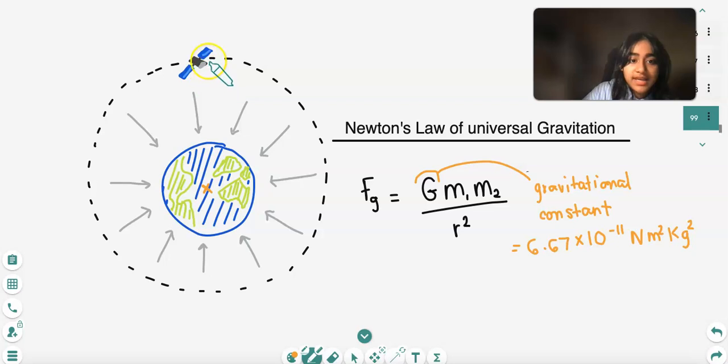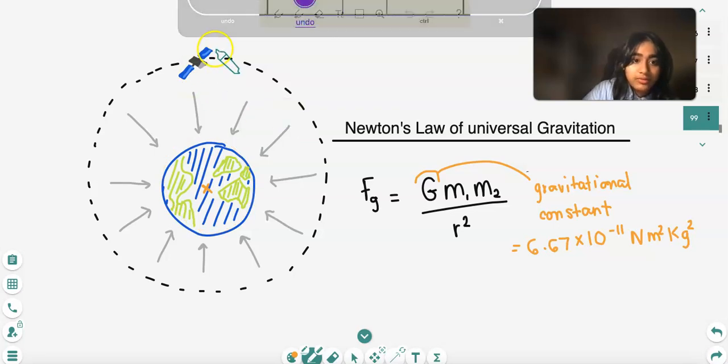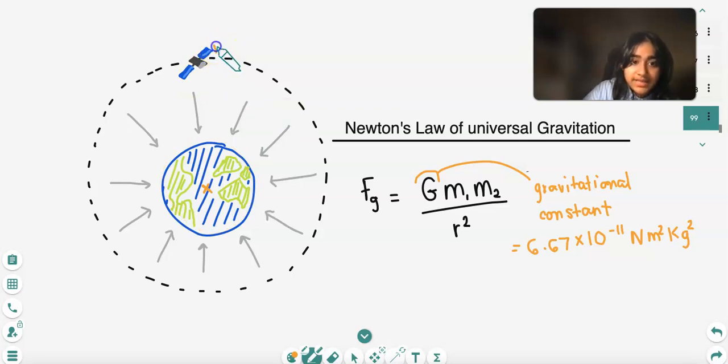Now, if we're taking the case of this satellite orbiting around the Earth, we'll label the satellite's mass as m1, for example, the Earth's mass as m2, and the r in the equation is the distance between the source of our gravitational field and the object that's interacting with it.